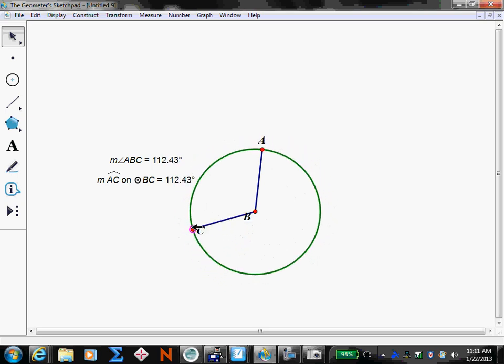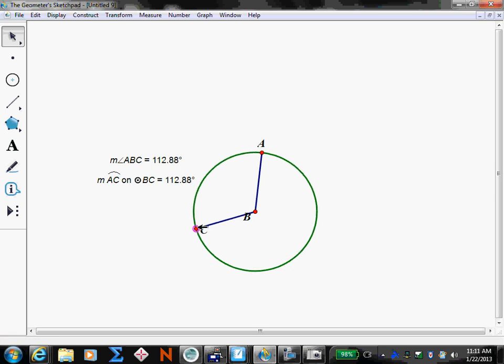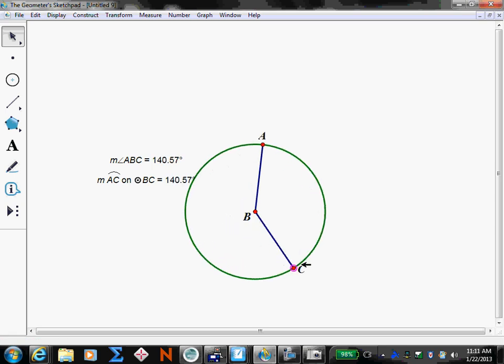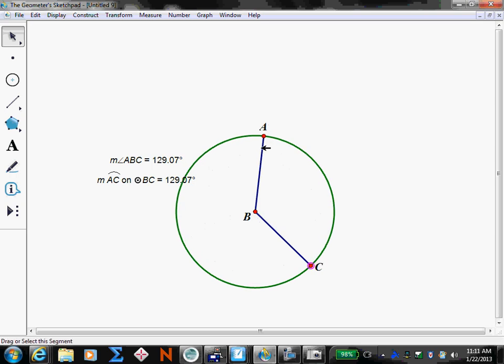Then it started measuring it this way. So when there's only 2 letters in our angle, then it is assuming that it is a minor arc, so less than a semicircle. As soon as I put another point on my circle, then I can talk about the measure of the major arc, which is bigger than half the circle.